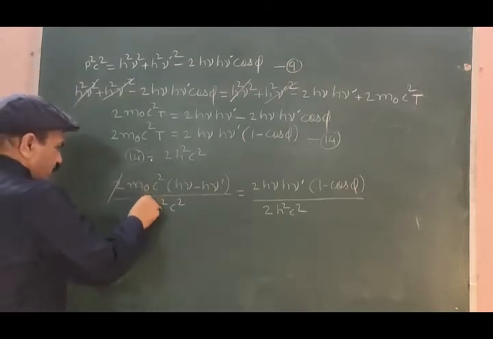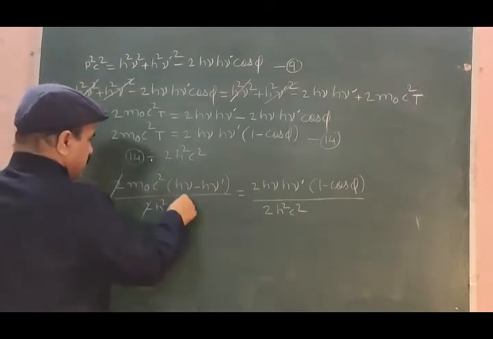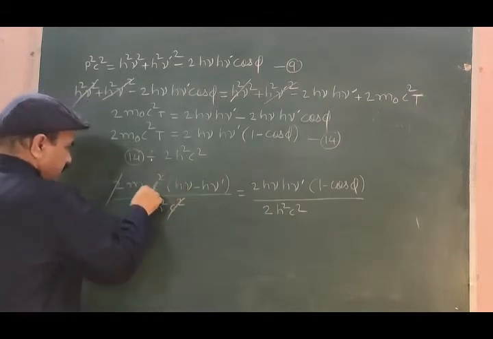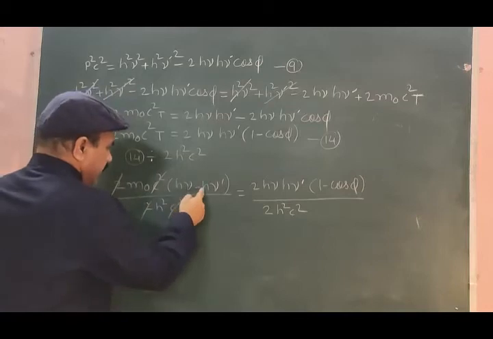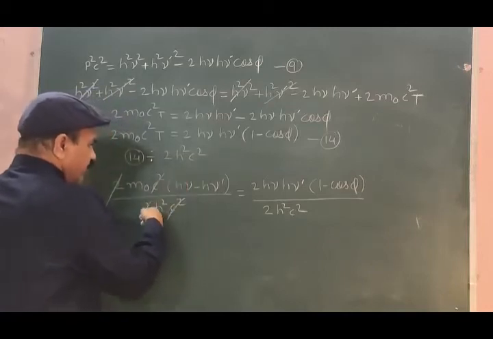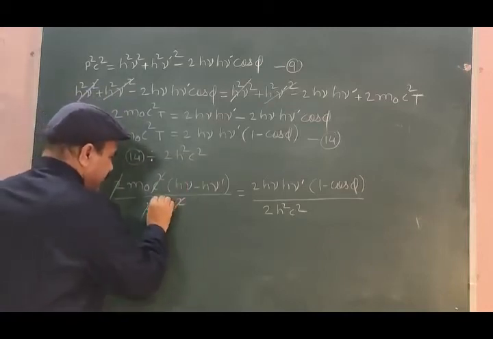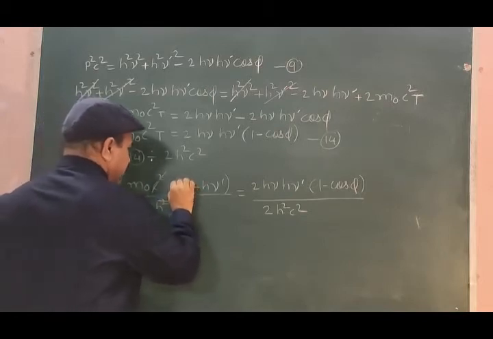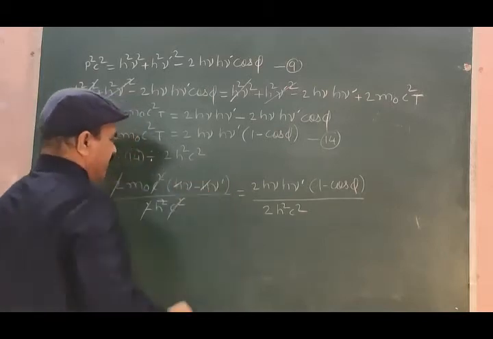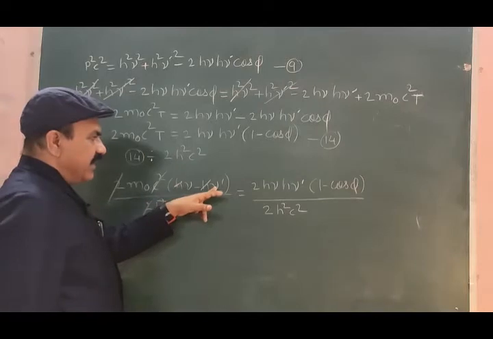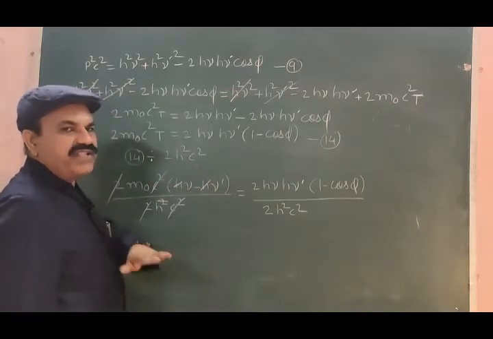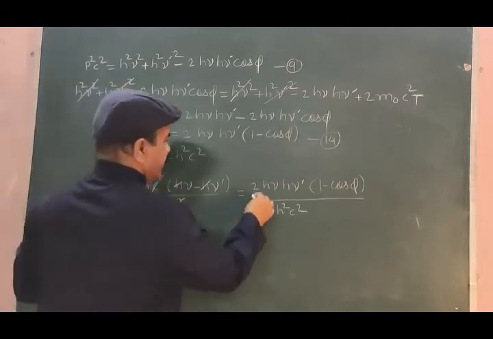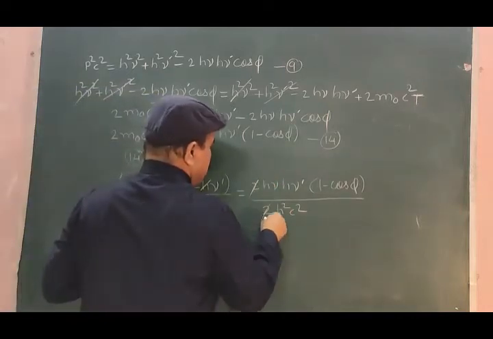These two get cancelled. This c square gets cancelled. H can be taken common from these two terms, and this square of h will get cancelled with this h and with this h. Nu will be there, nu dash will be there. Nu is not going to cancel, nu dash is also not going to cancel. 2 gets cancelled.